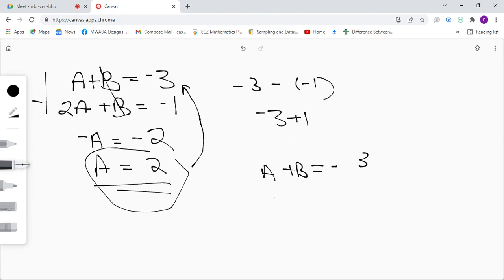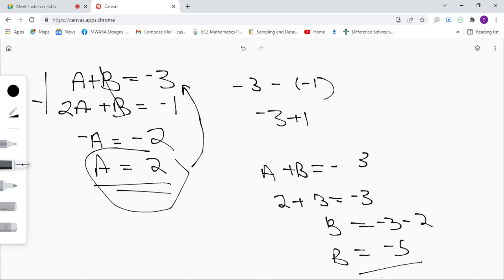We already have our value for a, so we say 2 plus b equals -3. Then we take the 2 over to the right hand side. We'll have b equals -3 minus 2, that gives us -5. So b equals -5.